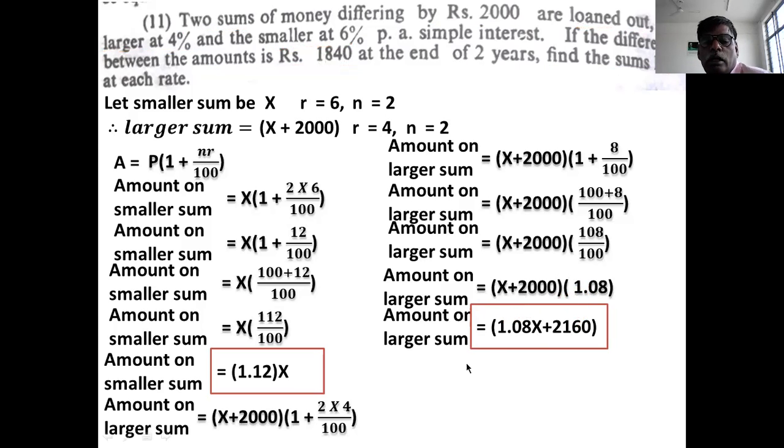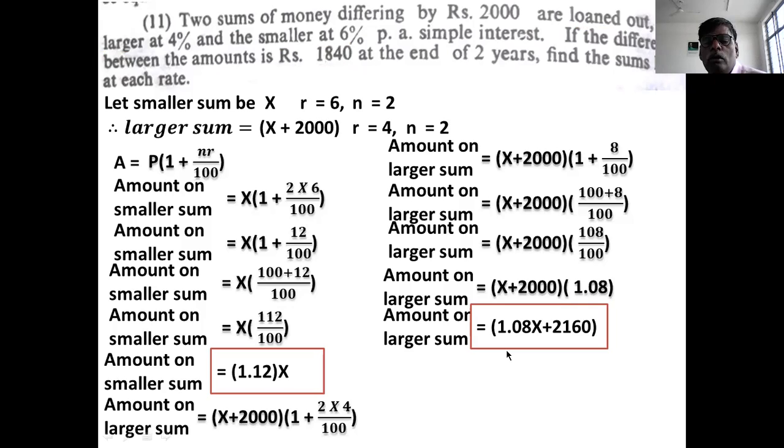In the next stage, it is the last stage. It is the amount on larger sum. Then what is your question? Your question is, the difference between the amounts is 1840. The difference between the amounts means the larger amount minus smaller amount.